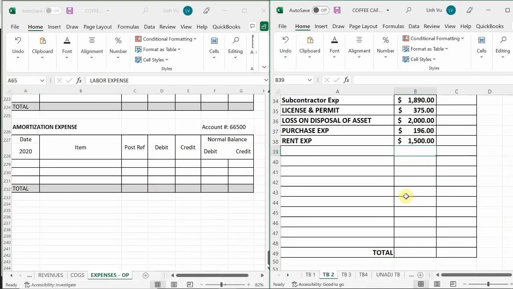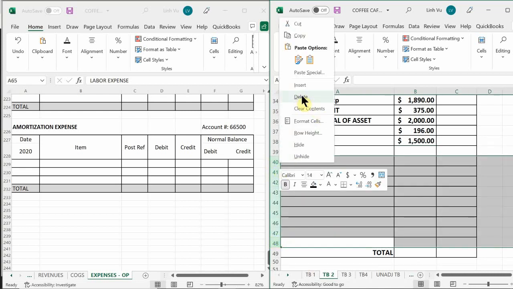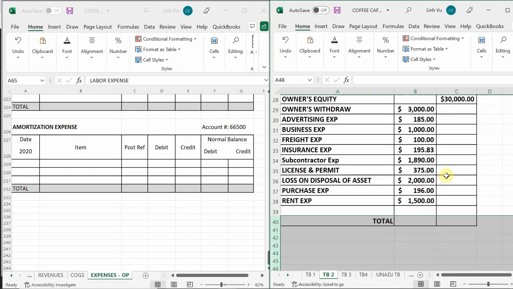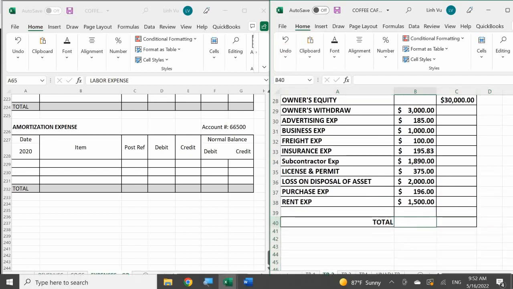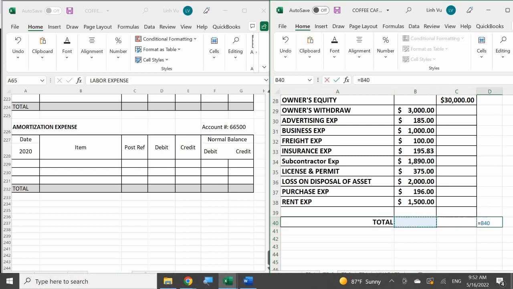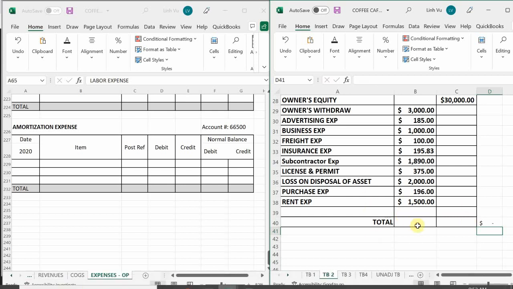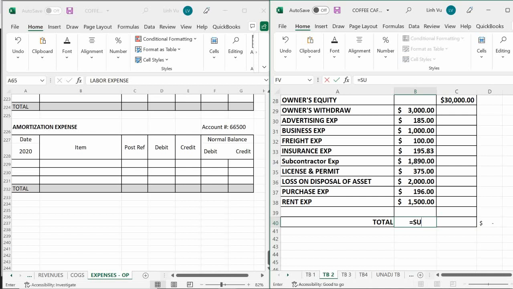Okay, so there you go. What we can do here is now we have all of our accounts in here. We're going to plug in our formula to calculate our grand total debits versus credits. All right. So what I'm going to do is equal sum.